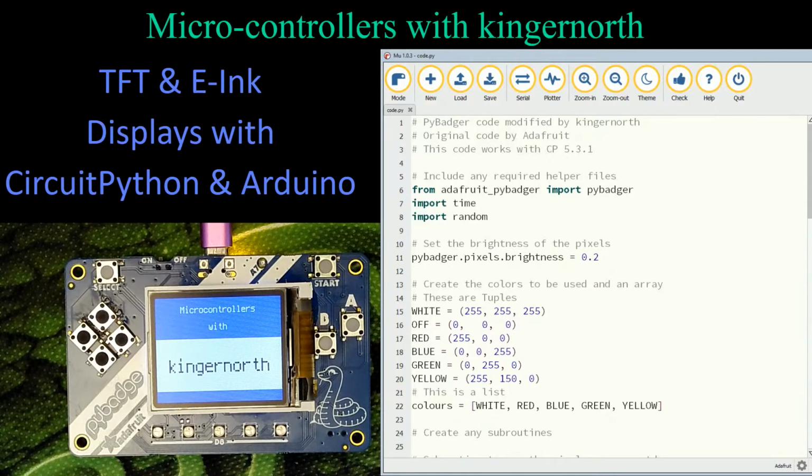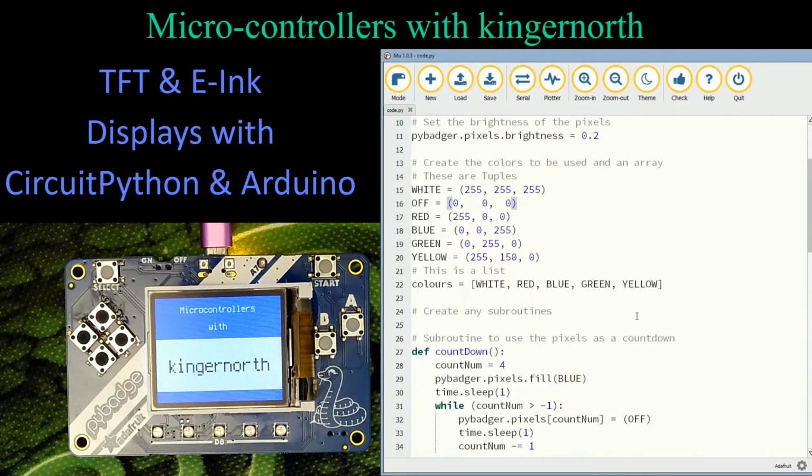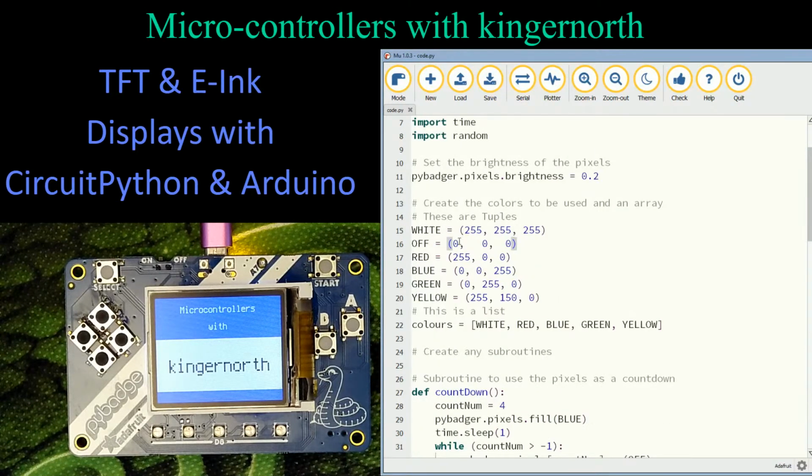And it says here, create some default colors that I want to use in this file. So I've created white, off, which is basically black, red, blue, green, and yellow. These are what they call tuples when they're inside of round brackets like that. These are related numbers that work as a set. And then I've created a list of the colors: white, red, blue, yellow, and green.